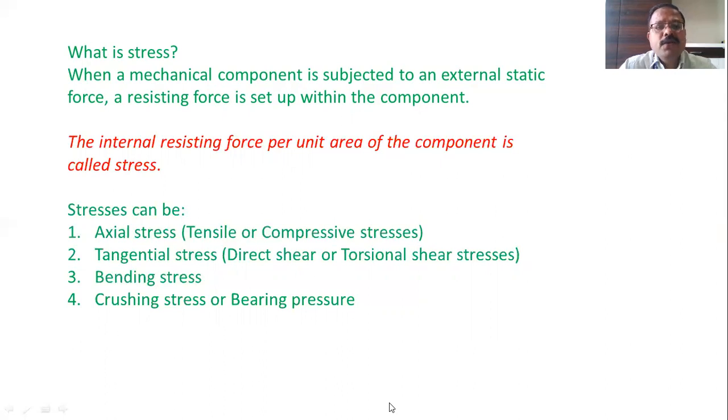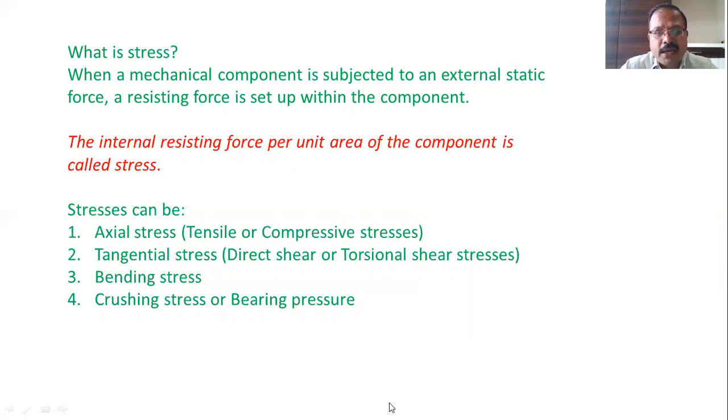And for the safety of the component, stresses which are induced due to action of external forces should always be less than the strength of the material. Strength can be evaluated or tested by carrying out certain tests.